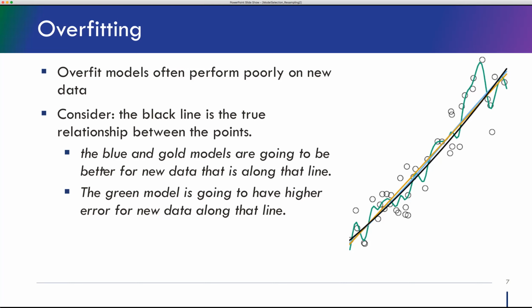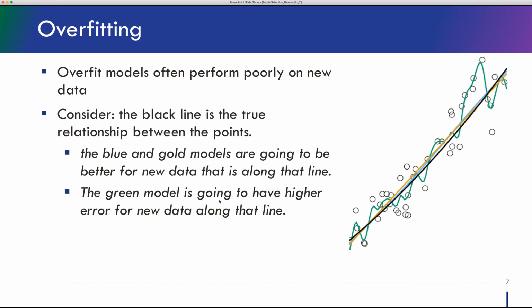And if you consider the black line, we already said the black line is the true relationship for those data. The light blue and the gold or yellowish models are going to be better for new data along this black line, because they're really close to it.